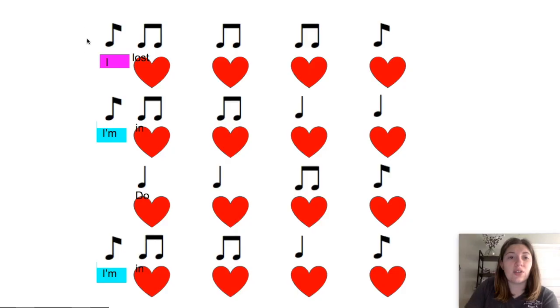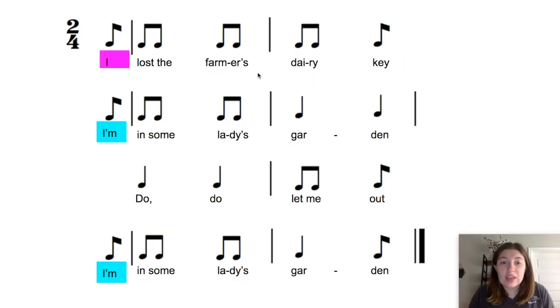So you can see now we have the whole song written out with our external and internal pickup notes. As you can see, we have the rhythms to our song written out without the heartbeats, and we have split up some of the toddies.